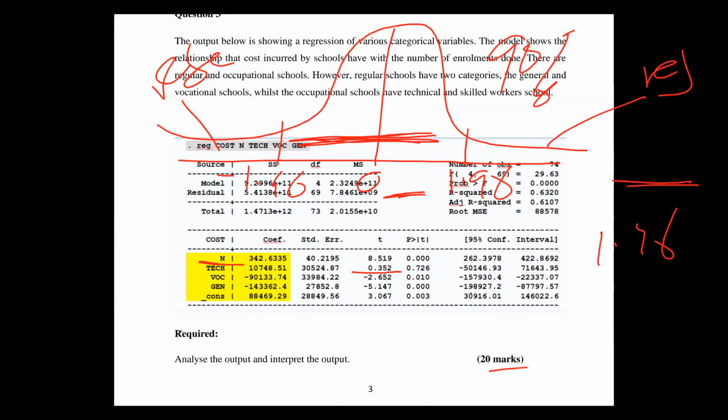Are you following now? The enrollments in the technical schools are not statistically significant at 95% level of confidence. Is that clear? Yes.